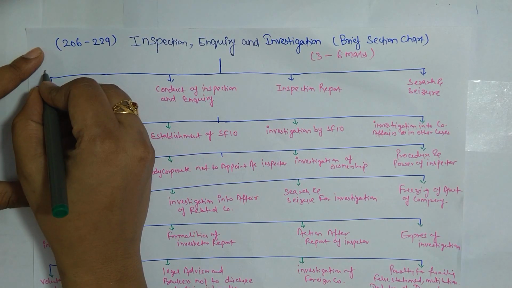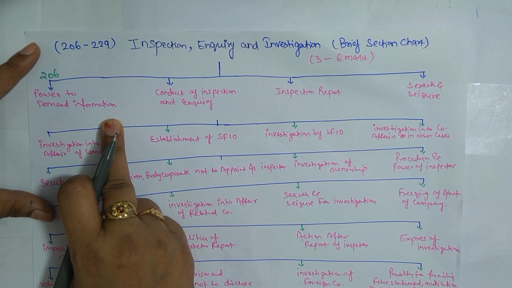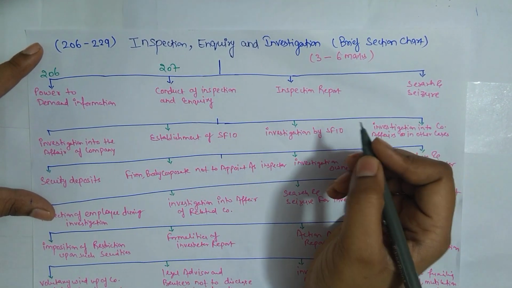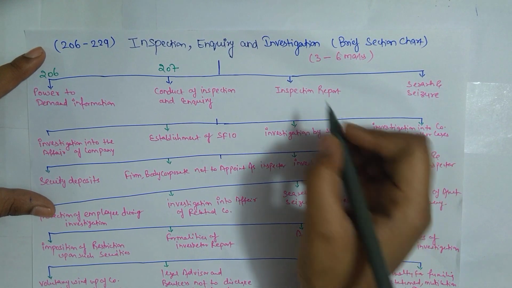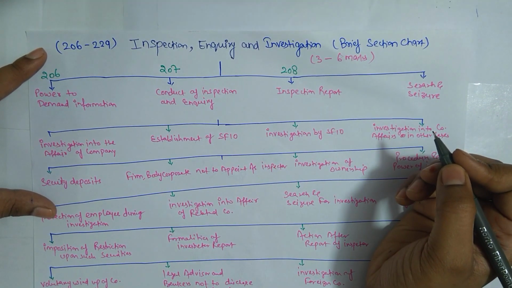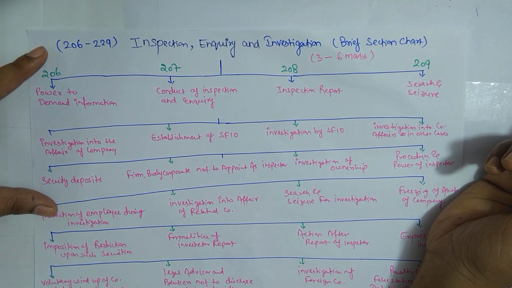Section 206 talks about power to demand information. Section 207, conduct of inspection and inquiry. Section 208, inspection report. Section 209, search and seizure.